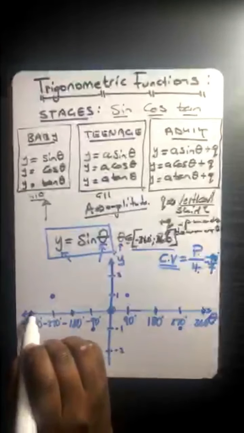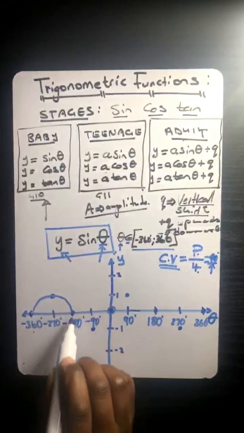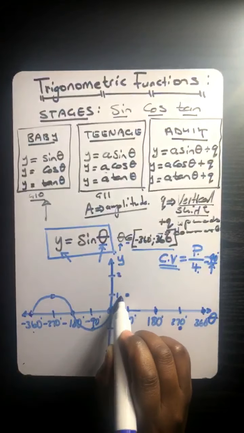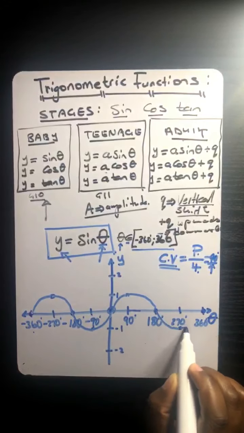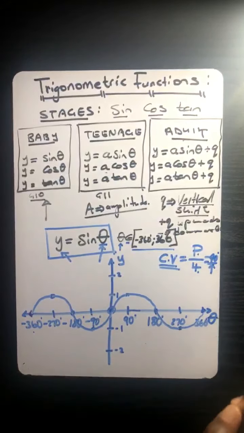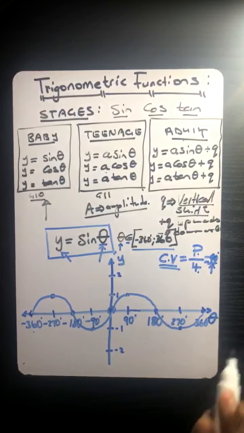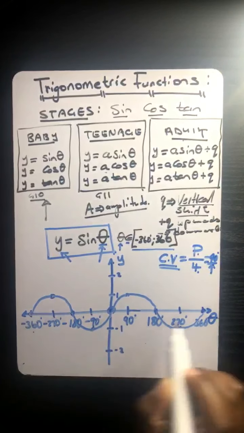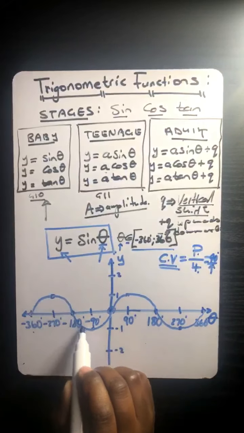So when you sketch, it's just a matter of you joining those dots. Can you guys see how nice this thing is? That's all that you do. You just join those points and then you form the function. So when we talk about the period, we are saying from negative 360 up to 360, this function does that shape.